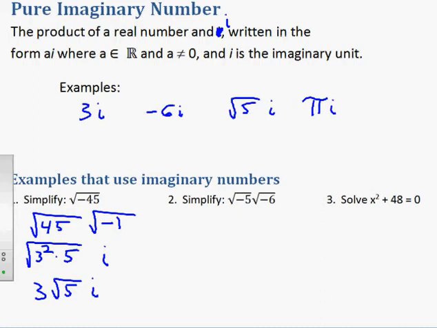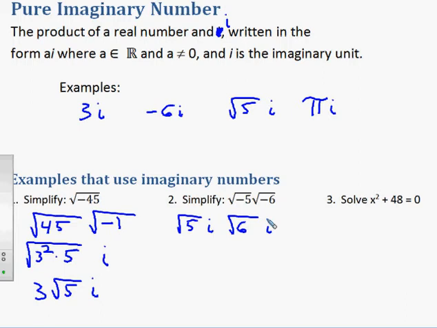Over here, this one's a little different. It can actually be thought of in a couple of different ways. Well, let's just look at this. We don't write it that way. We don't want a square root of a negative, so we can say this is the square root of negative 5 times the square root of negative 6, so square root of 5 i times the square root of 6 i.